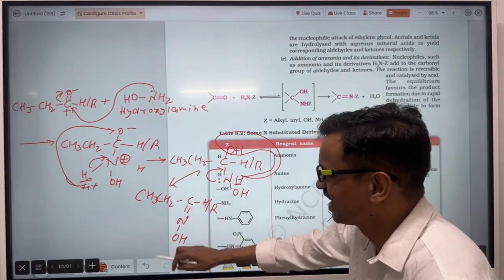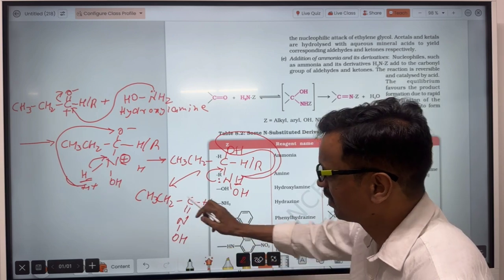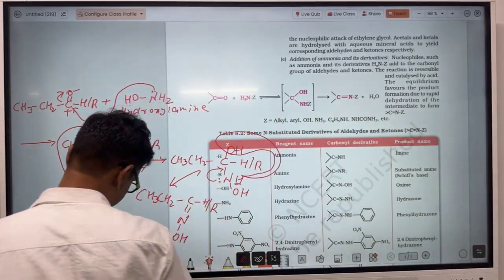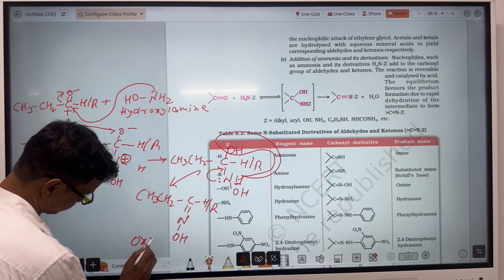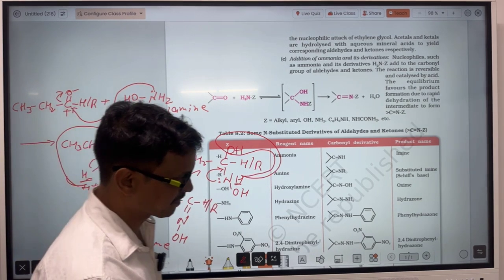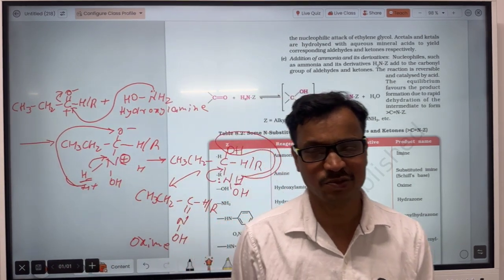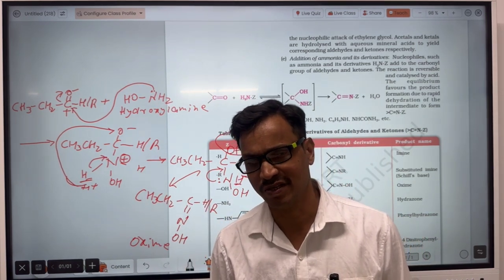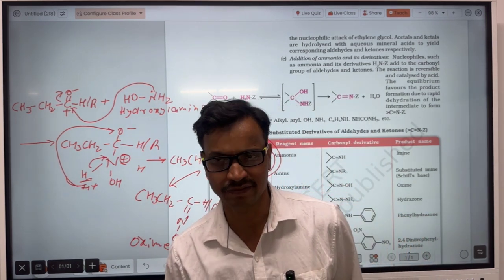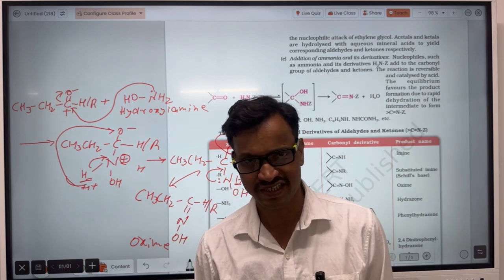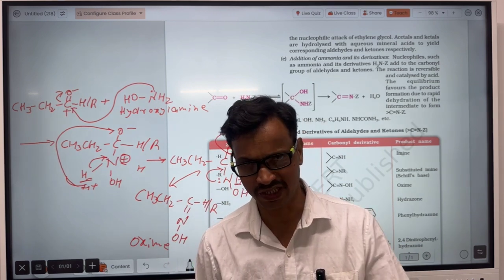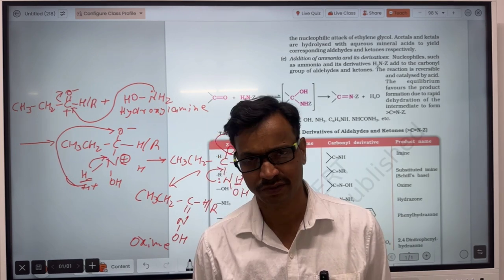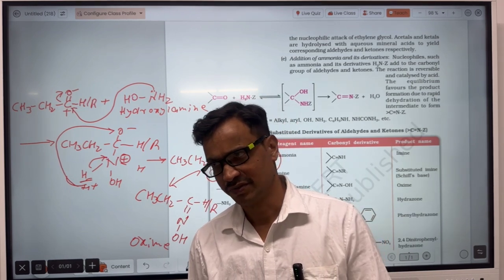So this compound is called oxime. This is a type of oxime. What was Schiff's base? When nitrogen was doing double bond formation with the carbon, and that nitrogen was also bonded to an alkyl group on one side, and on the other side it was bonded to the carbon atom through a double bond.